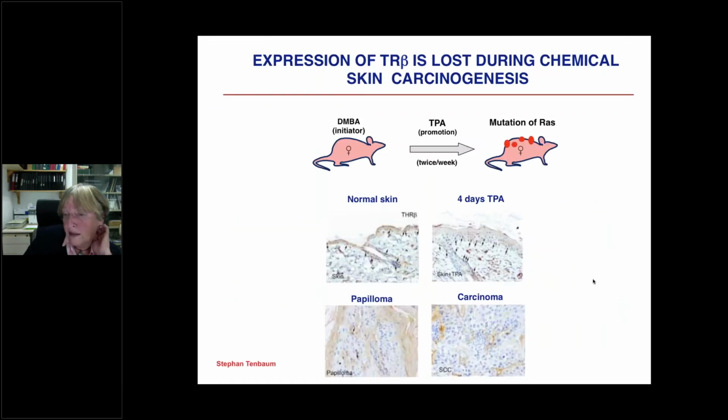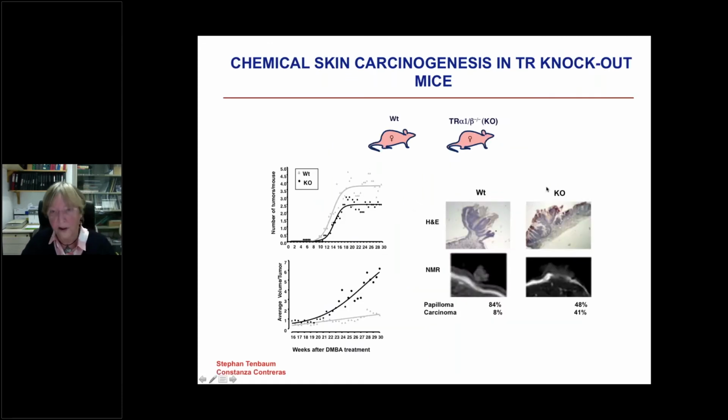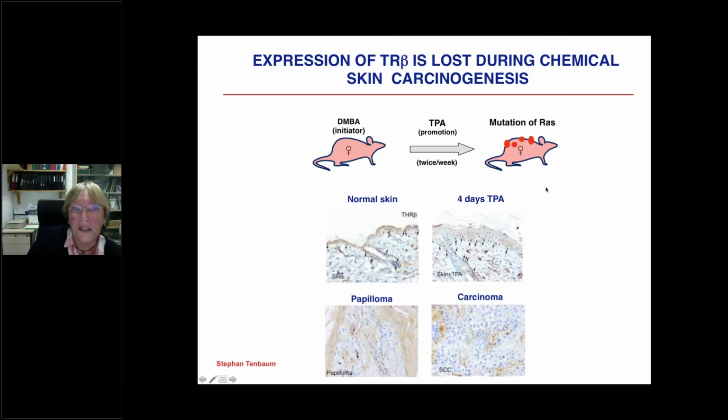We wanted to analyze the possible role of the endogenous receptor in RAS-dependent tumors, and for this purpose, we use this model that probably you all know, the model of chemical skin carcinogenesis.